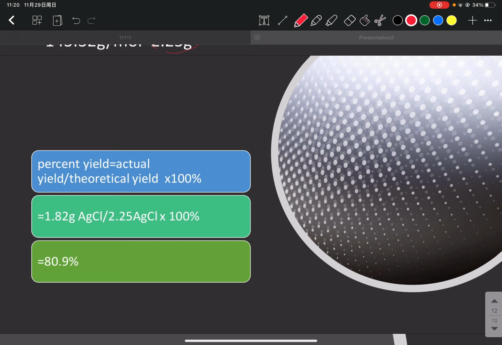We use the actual yield, and this one is the theoretical yield, which is 1.85 grams of AgCl divided by 2.25 grams of AgCl, and then times 100%, and then we get the answer, which is 80.9%. Finally, we can get the answer of the percent yield.